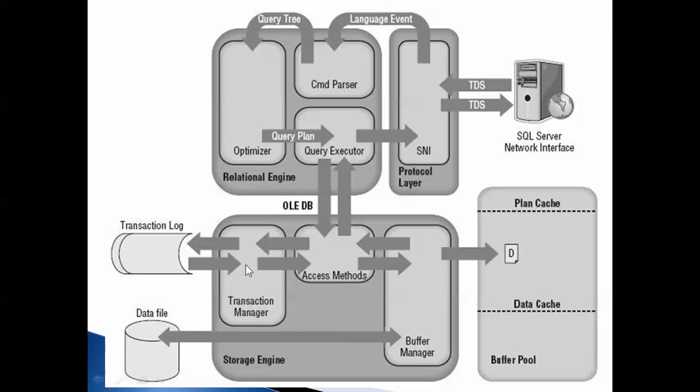to the transaction manager. As soon as the copy of data is moved to the transaction manager, immediately it is signaled to the transactional log to start writing down the data which has come over here. As soon as the data gets written into the transactional log, at that point it will be signaled that the synchronization has been completed for my physical database as well as my logical database.